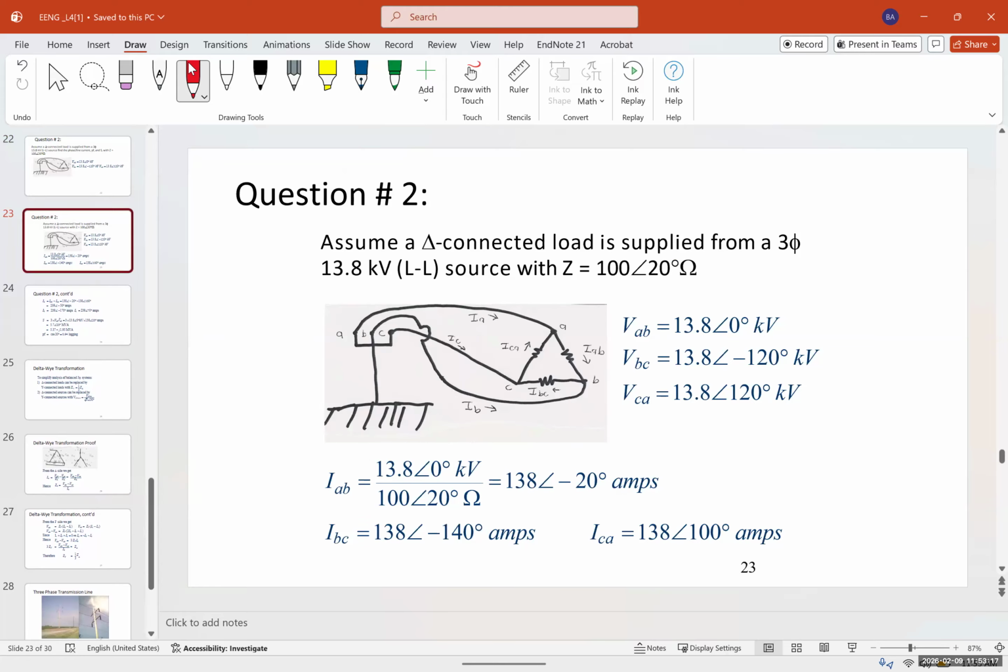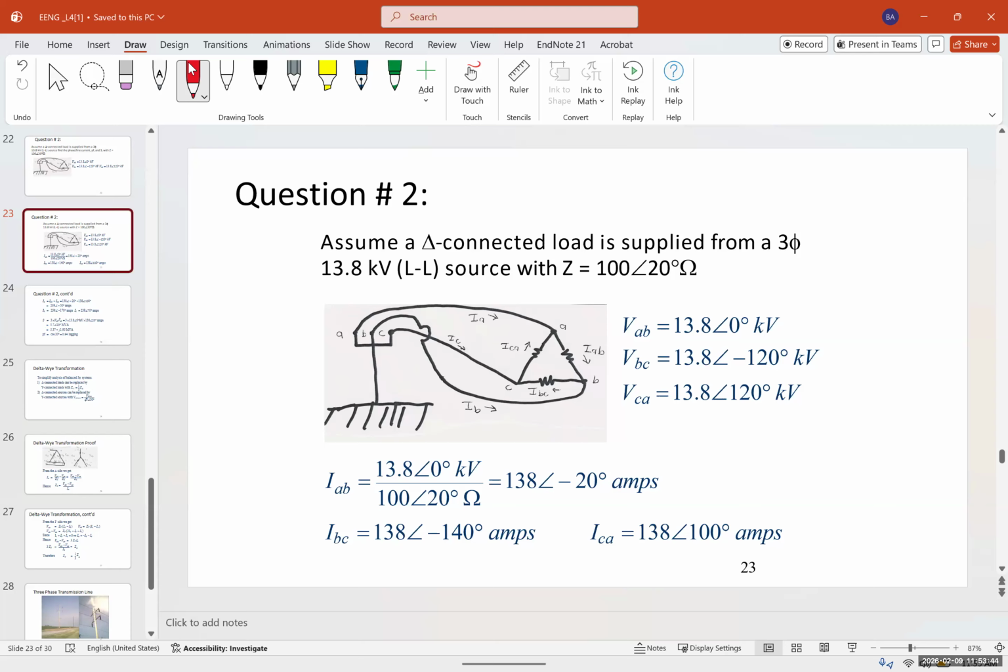For this question, first we want to find the current, and the current is calculated using Ohm's law. We use the voltage divided by the impedance, which gives us a current of 138 at an angle of negative 20 degrees amps.